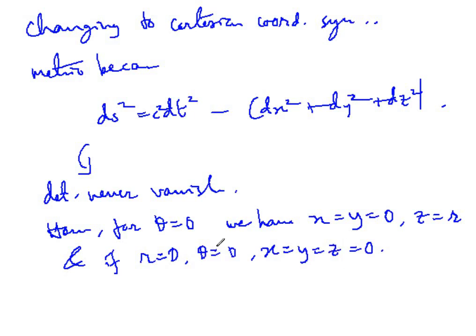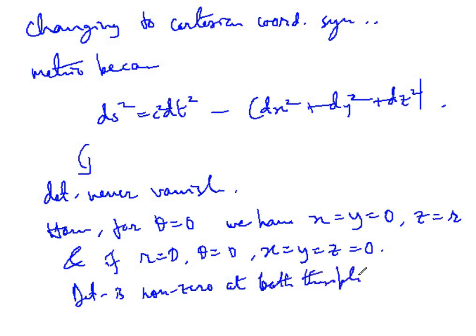Right? Now the determinant, you see, is non-zero at both these points. So these are examples of coordinate singularity.